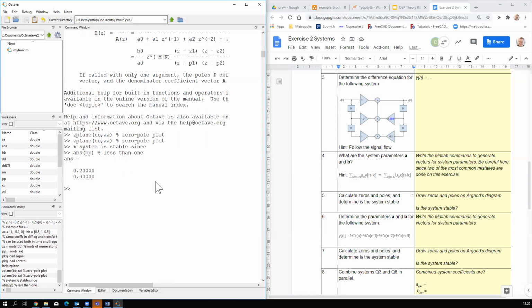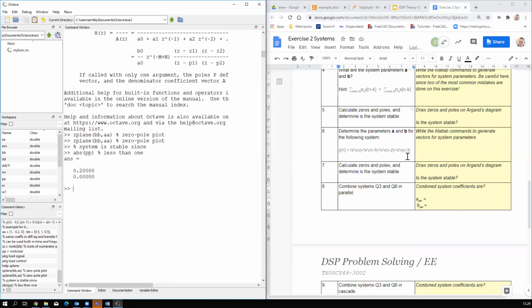Yep. So basically, yeah, 0 and 2. Absolute value meaning the distance from 0. Okay, good. So the system is stable.